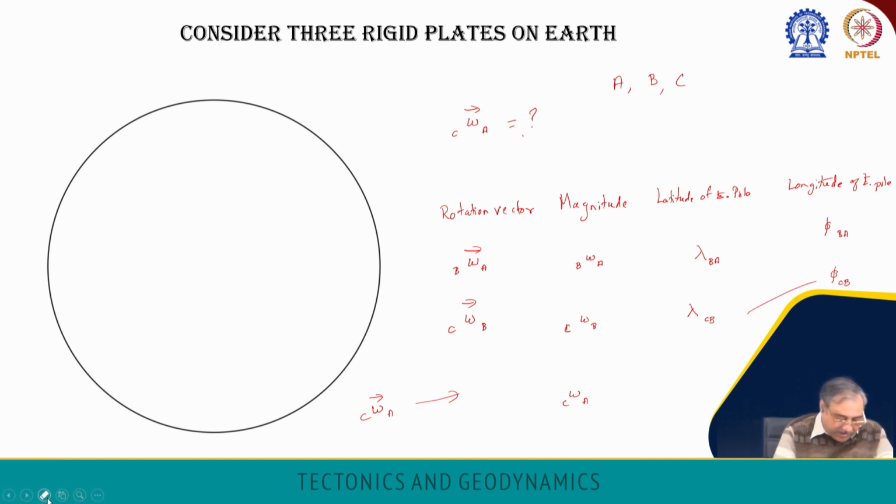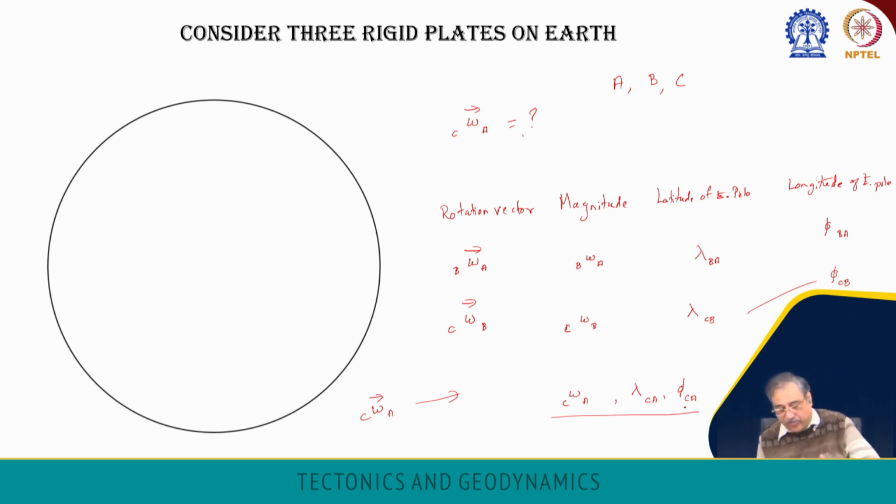We need to find out the magnitude of omega A with respect to C. We need to find out lambda CA, which is the latitude of the positive Euler pole of rotation, and we need to find out phi CA, which is the longitude of the Euler pole of rotation. So these are the things that we do not know, and that we need to find out.